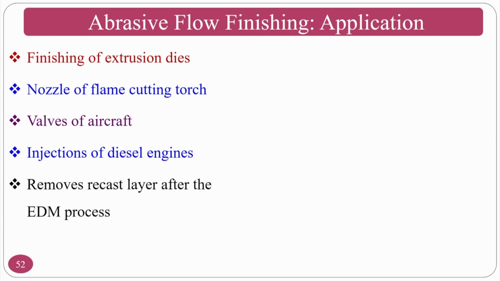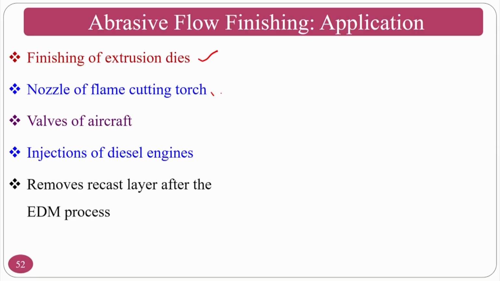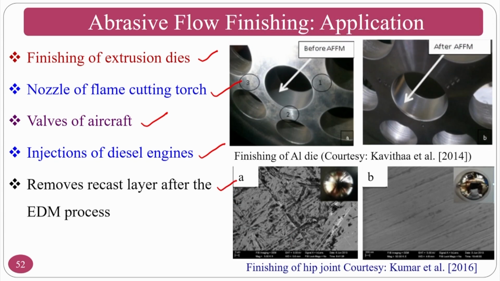These surfaces are required for many applications, including biomedical. If you see the applications, finishing of extrusion dies, abrasive flow finishing process is required. Nozzle of the flame in the cutting torch, aircraft valves, injectors in the diesel engines, removing a recast layer and other things. These are some of the applications where you are going to use it.